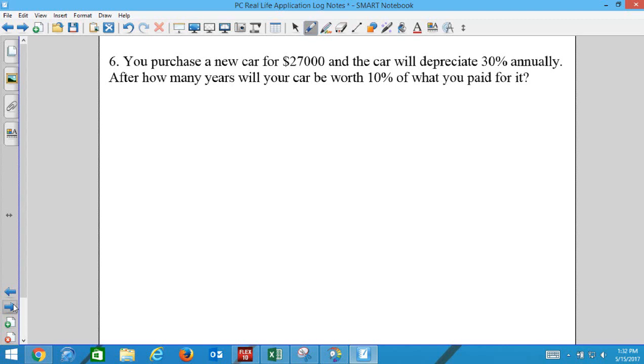So this is an average of 30% annually. After how many years will your car be worth 10% of what you paid for it? So let's start out. What did we pay for it? $27,000. Is this a 1 plus or a 1 minus situation? This is a minus, and it's 30%.